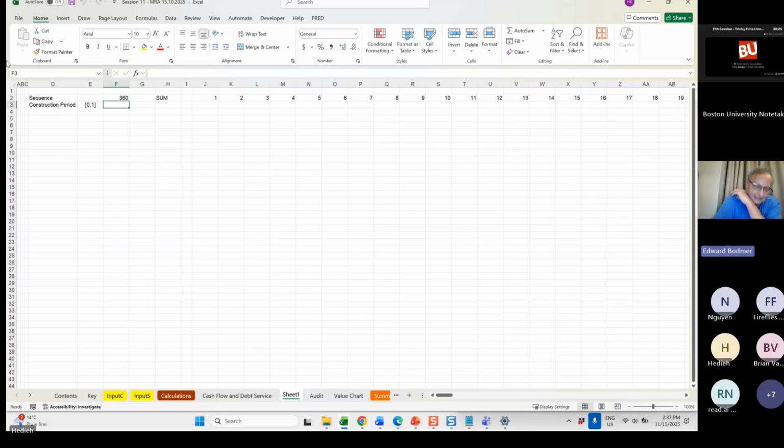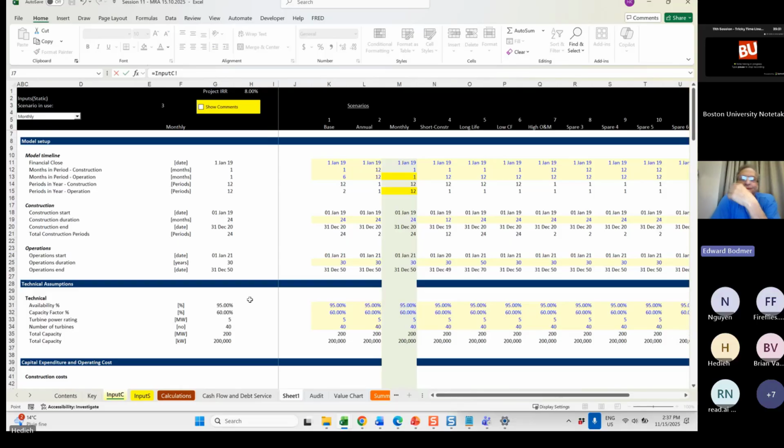Can you go back to the input C? In the input C case, I said we could have an annual case, and in the annual case I have 24 months of construction. Do you see the construction duration of 24 months?